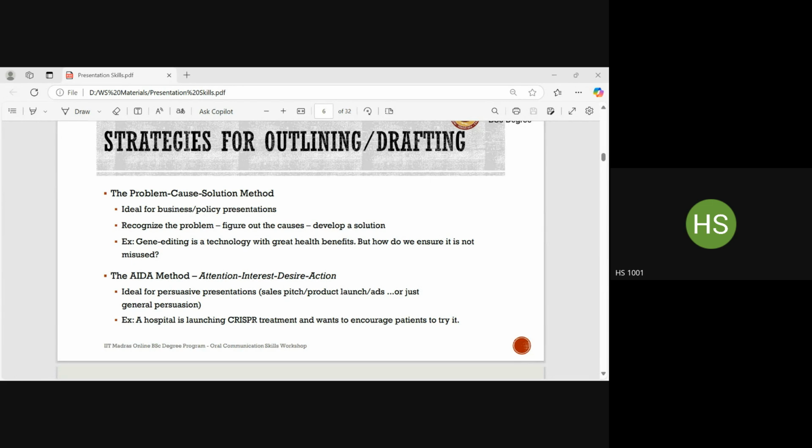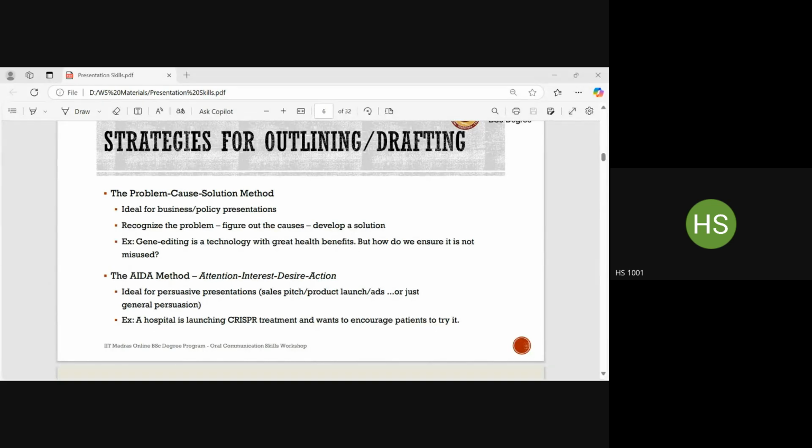If your intention is to make someone do an action, if your intention is to cause an action on the part of your listener, then it would be the AIDA method.